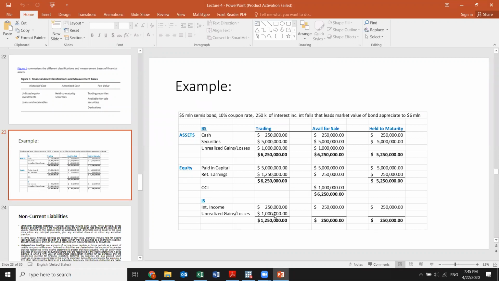And how much you have in here will be recorded in this part. Yeah, I understand. And the loss will be here as well.